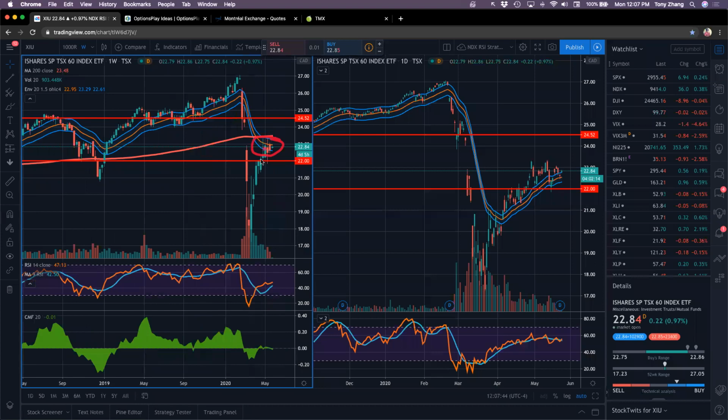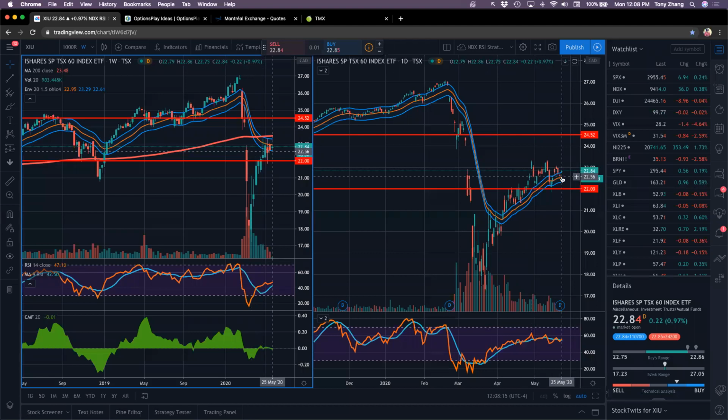And when I say struggle, I mean it has battled it out between bulls and bears in between this $22 and $23 level for quite a few weeks without a clear determination as far as a winner. But the fact that it's still below the 20-week moving average tells me that the bears have a little bit more control here, unlike in the US markets where the bulls have started to reclaim some strength, and we've been seeing over the past few weeks some higher highs.